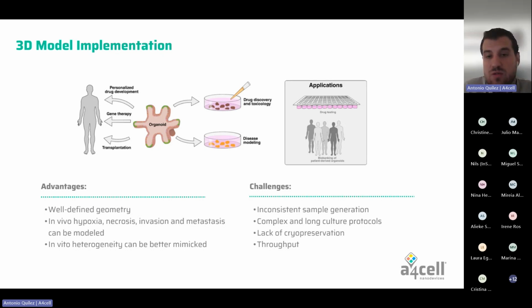We can have variability because of the lack of automation procedures and very manual protocols that makes it very complex and time-consuming to obtain. Also, cryopreservation is an issue and a concern. So these structures, sometimes we need very long times to grow, and we cannot stop them and freeze them and get them back again up and running to increase the throughput and the suitability of our assays.